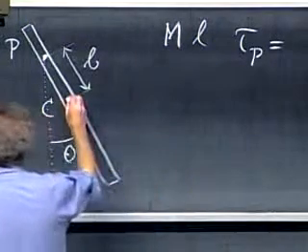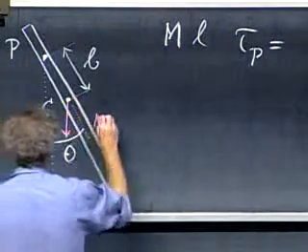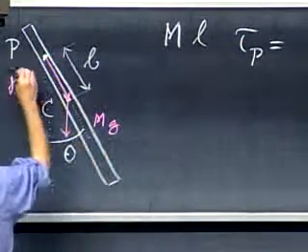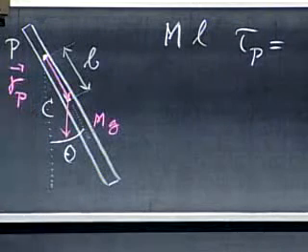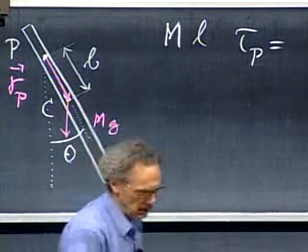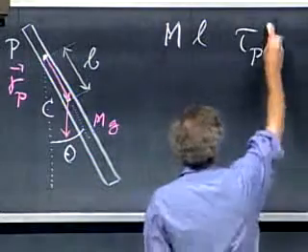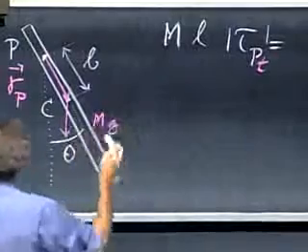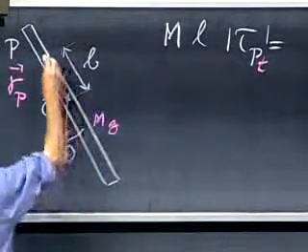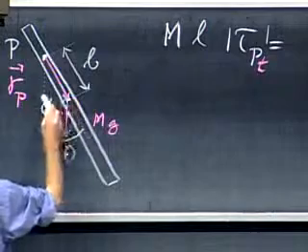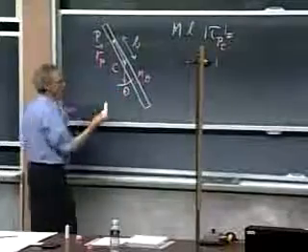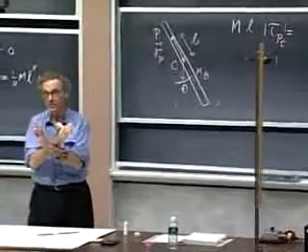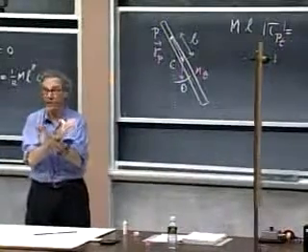All I worry about now is this mg and this position vector rp. That determines the torque. And the magnitude of that torque, and I'm sure that torque is going to change in time, equals mg times this distance b, but I have to take the sine of this angle theta, because remember, it is a cross product between r and F. And the cross product has the sine of the angle in it.